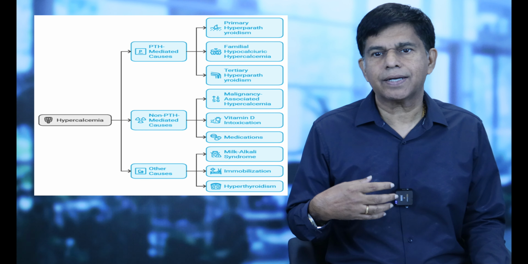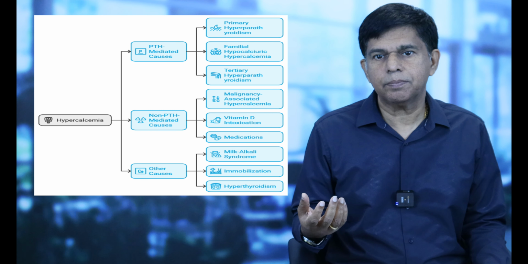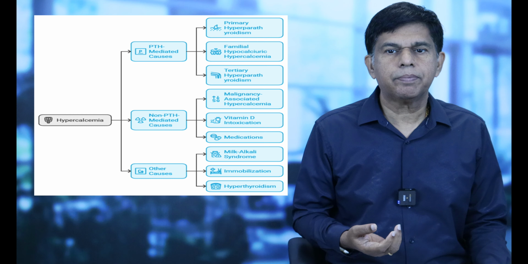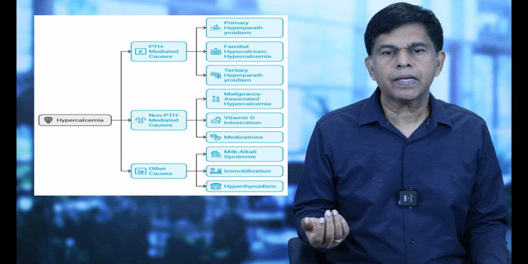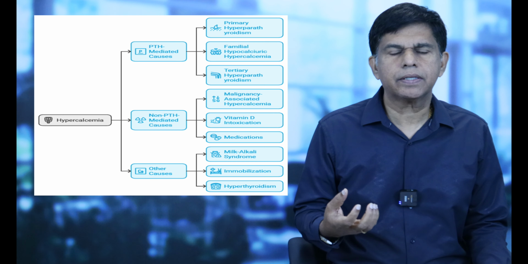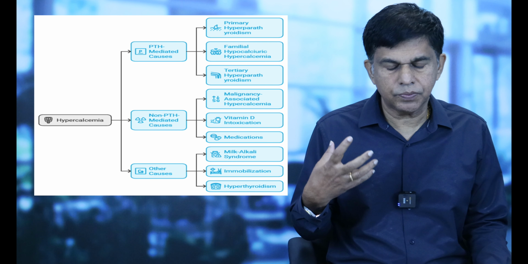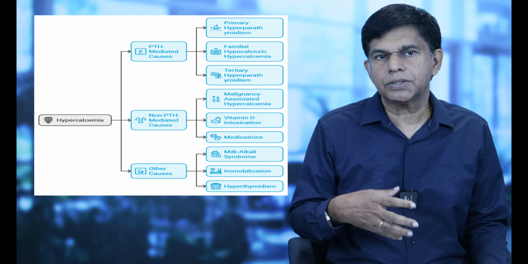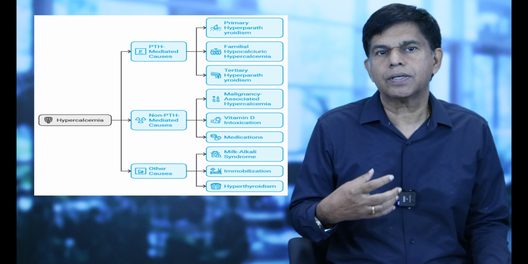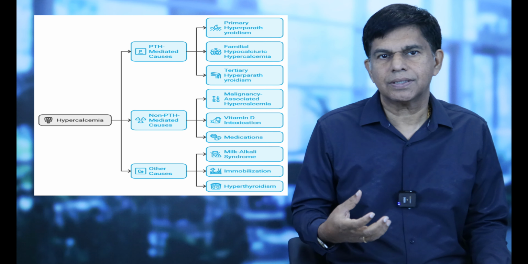You can see familial hypocalciuric hypercalcemia, tertiary hyperparathyroidism. Now, that is the PTH related. That's why you always check the PTH first when the calcium level is high. Then you have non-PTH. When you talk about non-PTH, you have to think about malignancy, my friend.